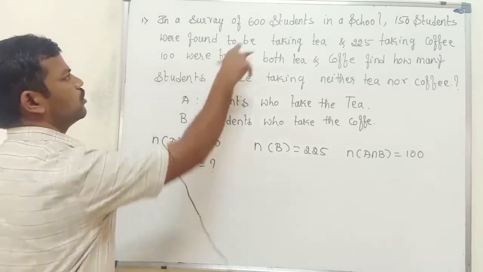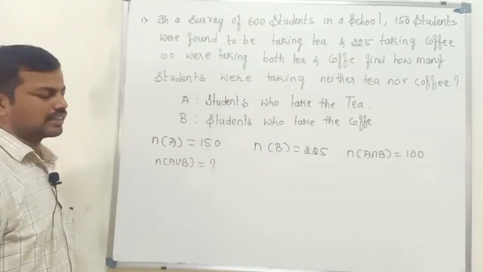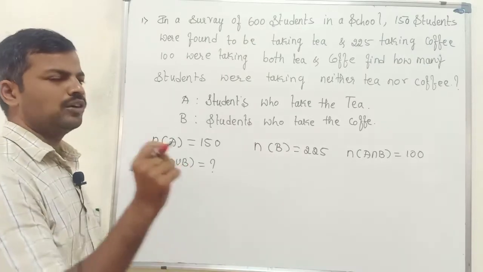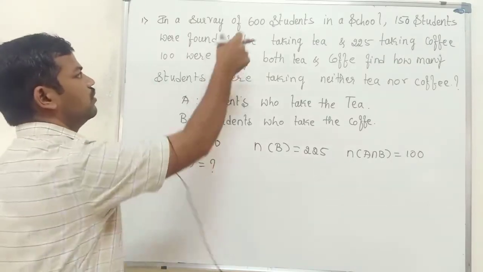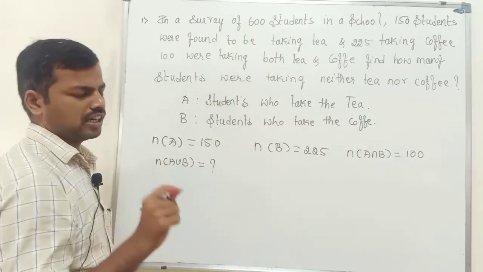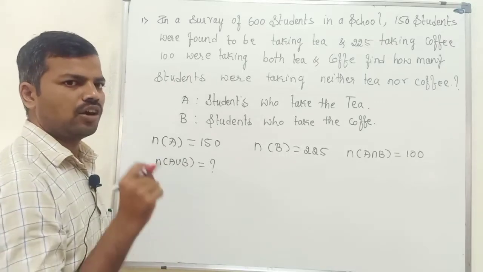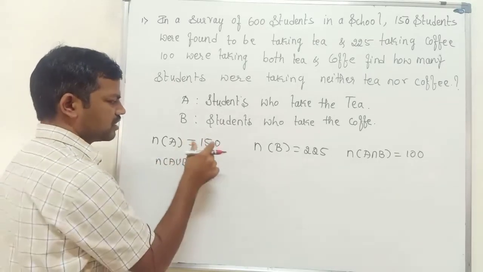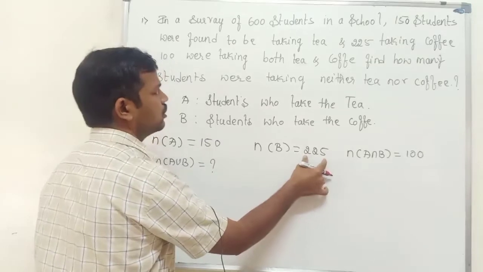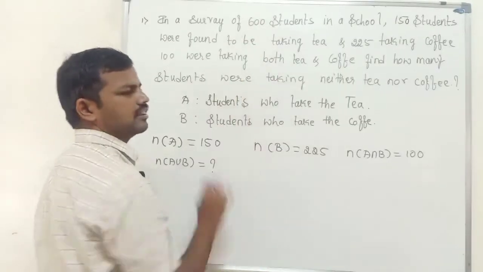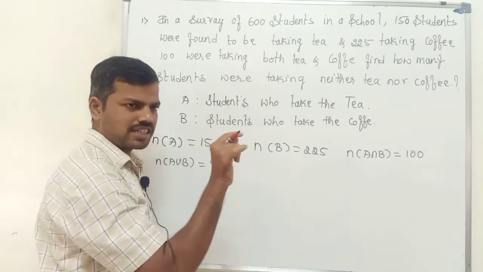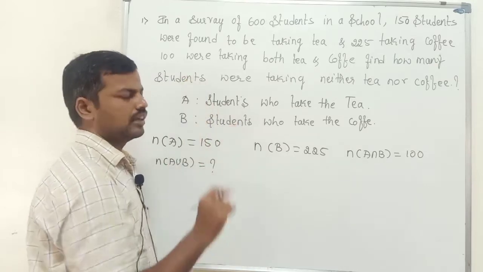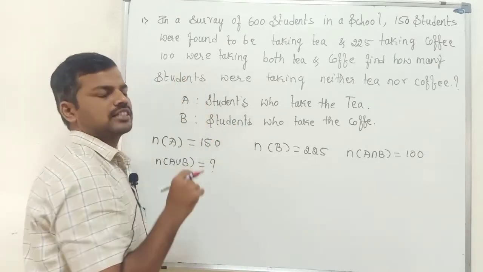Then what about the 600, sir, you may ask. So I have given you a trick. To identify whether the given group is a union or the universal set, check that the simple addition of the numbers should exceed the given group. If it exceeds, then it is a union, otherwise it is a universal set.